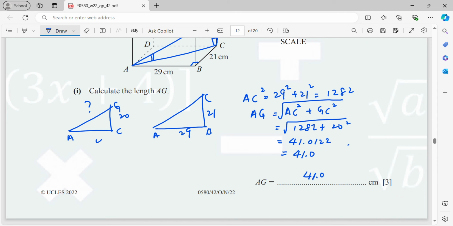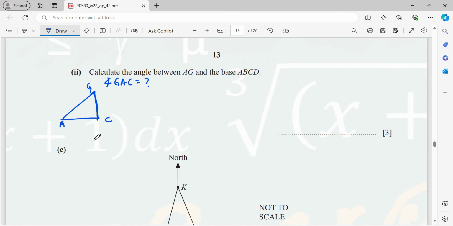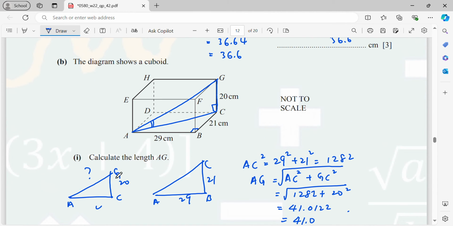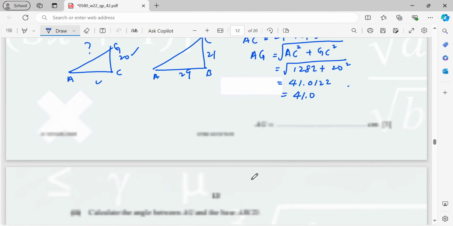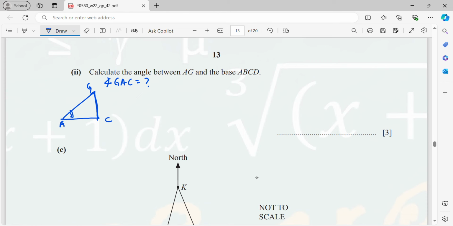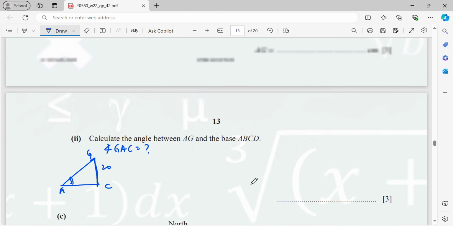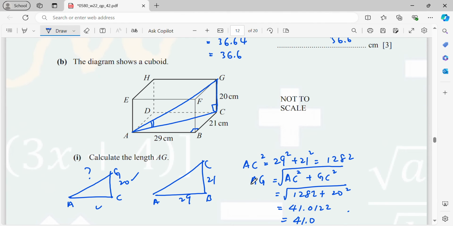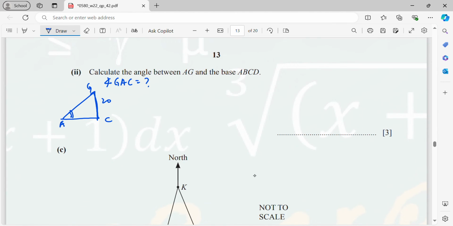Okay, AG, I need to find GAC here. Okay, CG is 20, is given. So that means here is 20. Then I can just use the inverse tangent. AC is 1282. So that means this is square root of 1282. So now, opposite and adjacent.